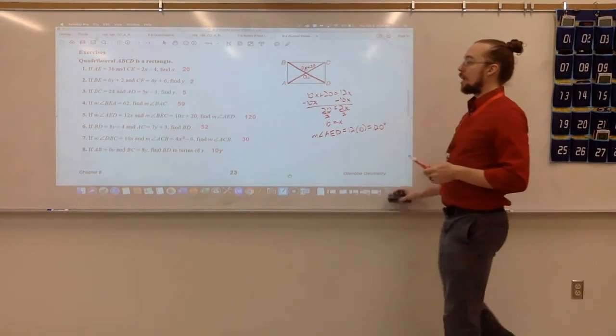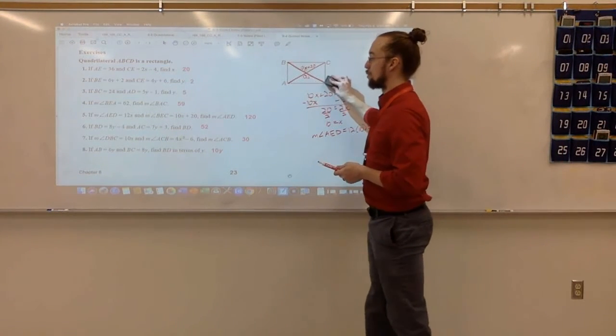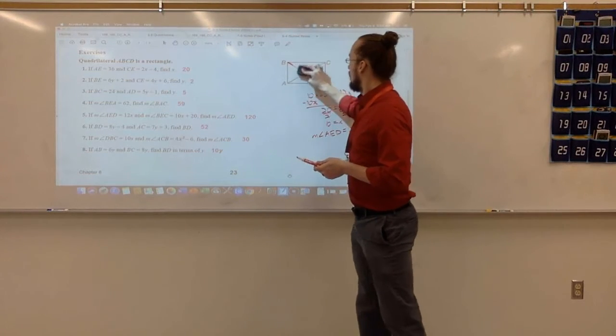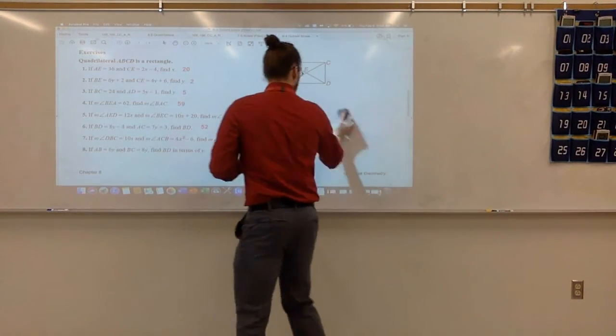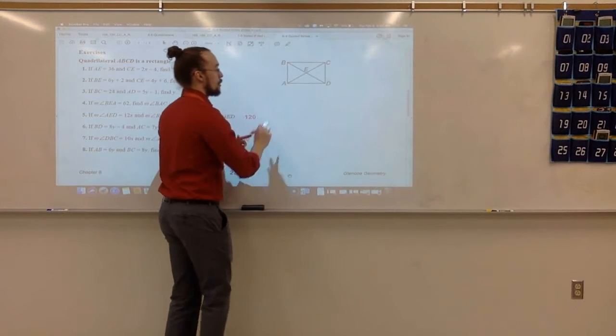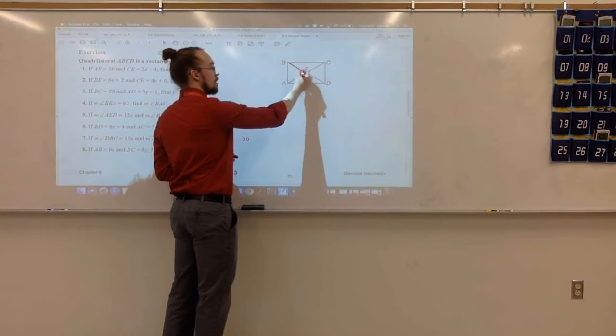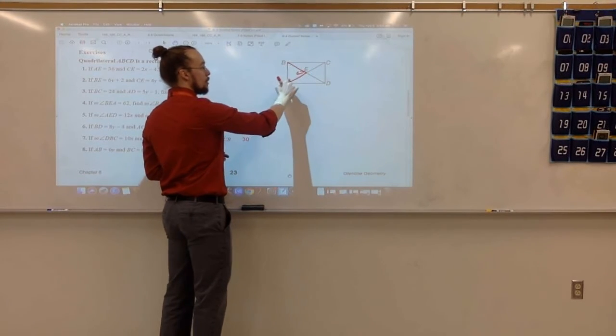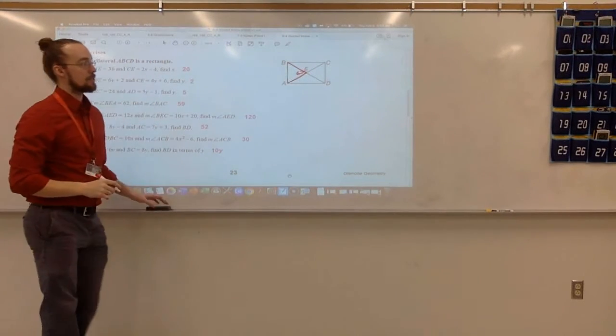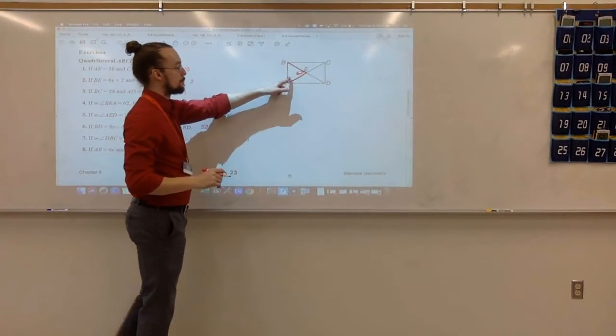Number 4. I think 4 was probably the trickiest one. So on this one, we are given that angle BEA is 62 degrees. And then from that, we want to find the measure of BAC, so this angle down here.